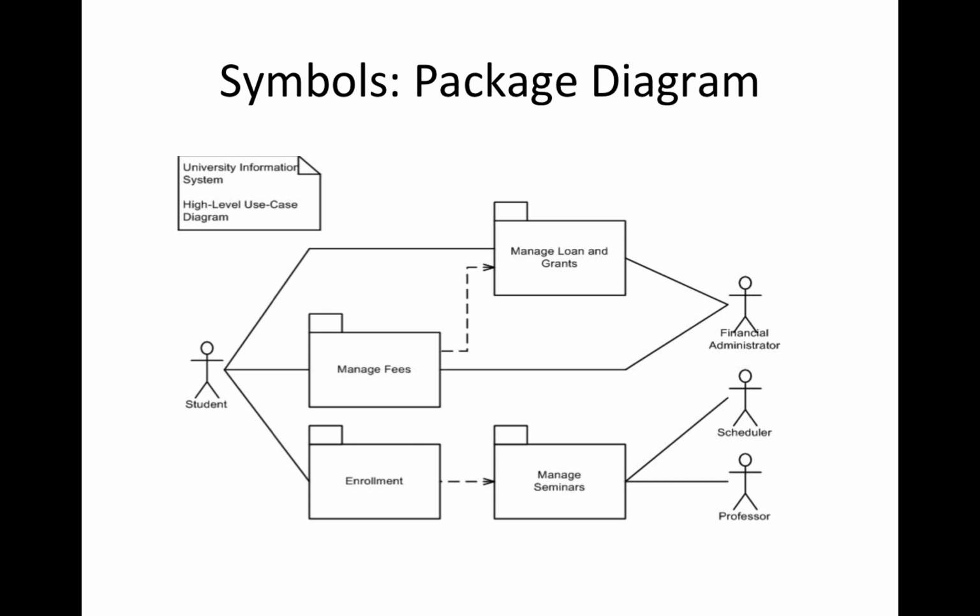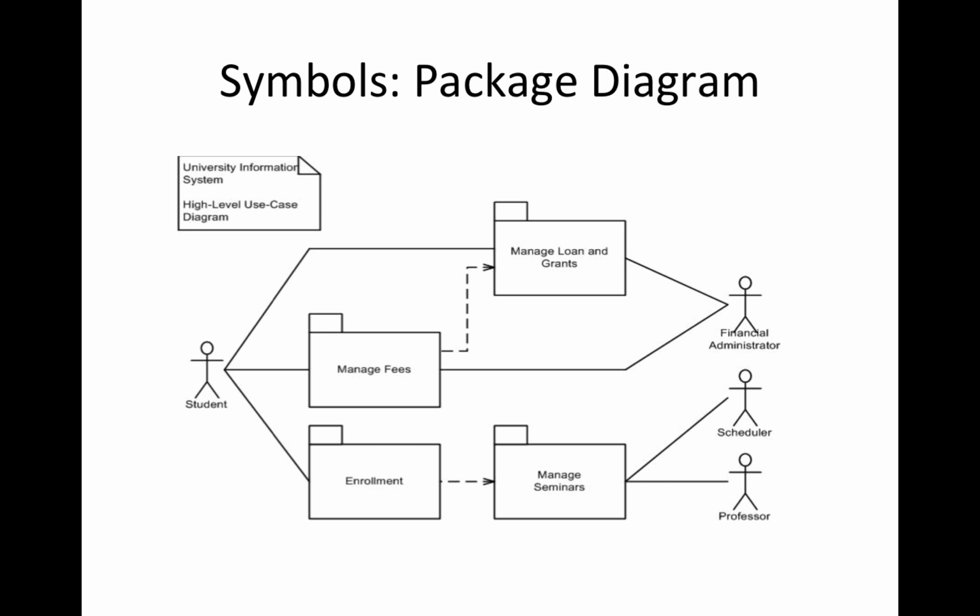Finally, the last symbol I want to show you is the architectural package diagram, which is a very high-level overall view of the system, in this particular example of the student, and how they interact with other parts of the system.